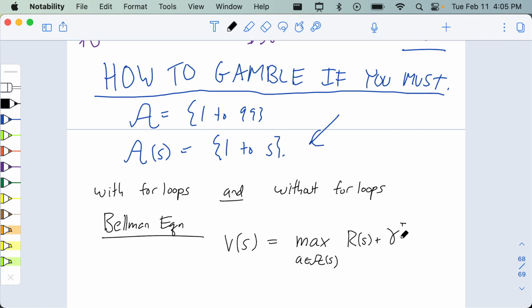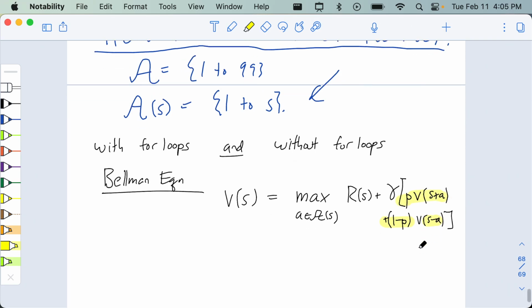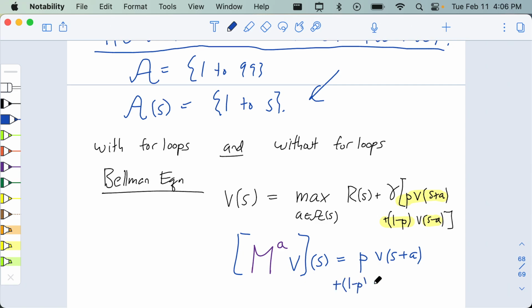And the reward later, in this case, you can write like this: it is P times V of S plus A plus 1 minus P times V of S minus A. So maybe the secret sauce to this problem is this line over here. Another way to say that is, if you bet an amount A and you apply that to the value function V at state S, there is a P chance of moving up by A and a 1 minus P chance of moving down by A.